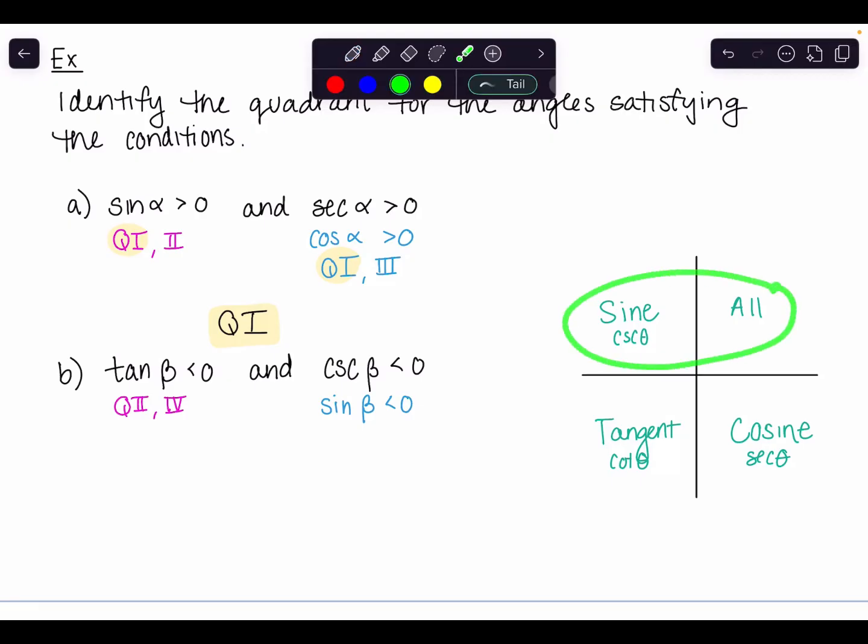So here's where sine's positive, so this happens in quadrant 3 and 4. So my angles that satisfy these two constraints are only the ones that are in quadrant 4.